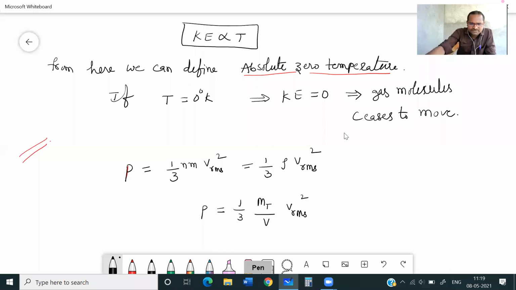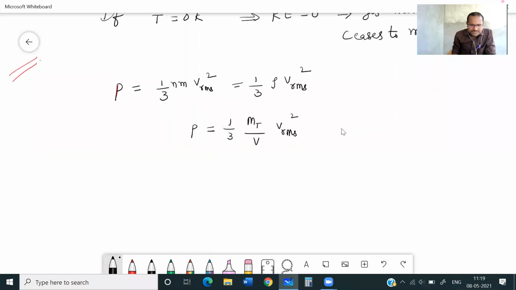Still we can write this equation like this. See, P is equal to 1 by 3, mass of total gas is nothing but number of gas molecules into mass of each gas molecule, into VRMS square by V.